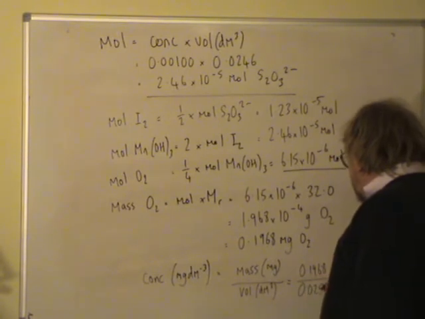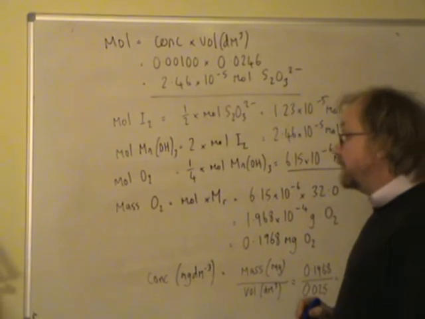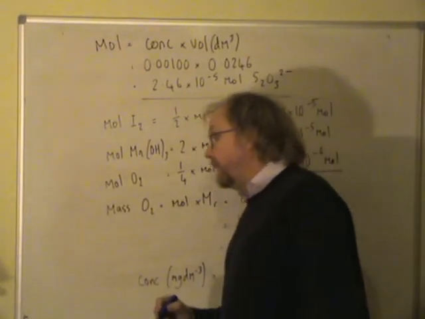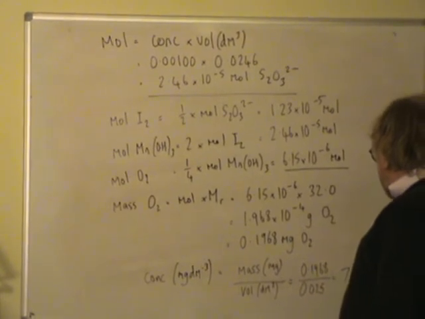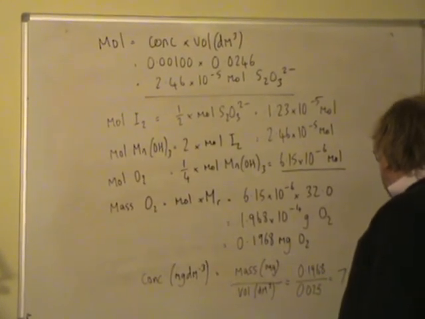So put it in dm cubed, so divide by 0.025, and that gives us 7.87 milligrams per dm cubed is the answer.